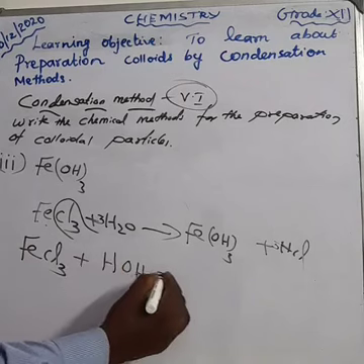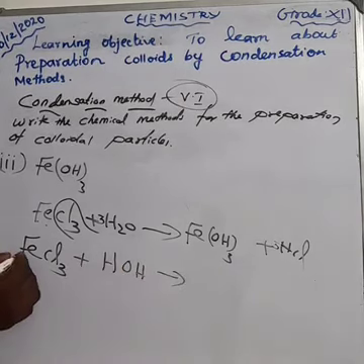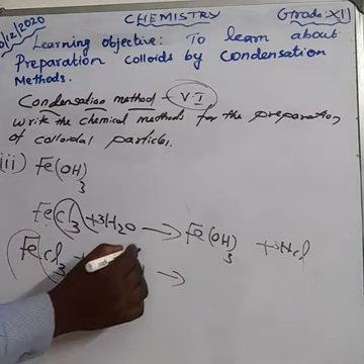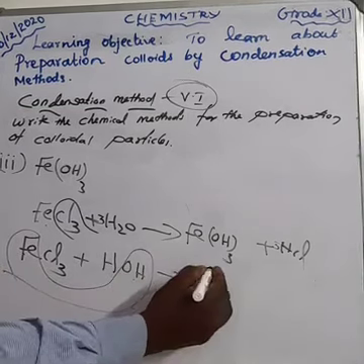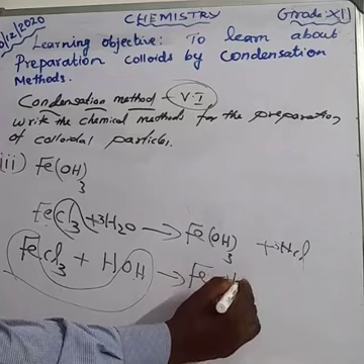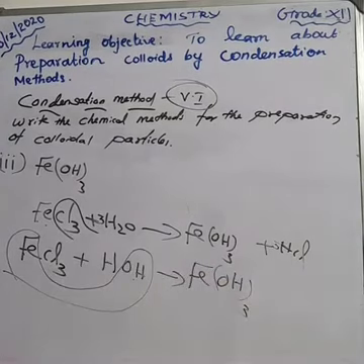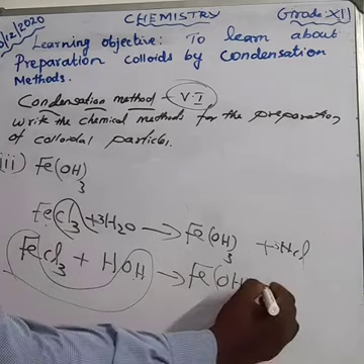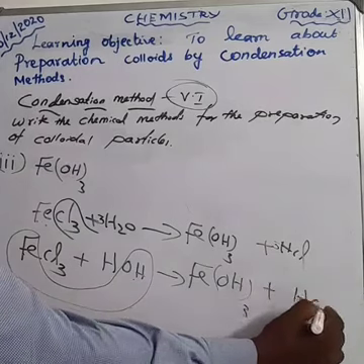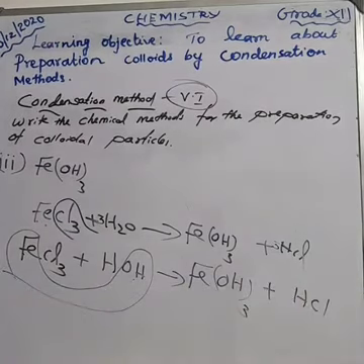We get ferric combining with the OH, giving Fe(OH)3. And hydrogen combines with chlorine to form HCl.